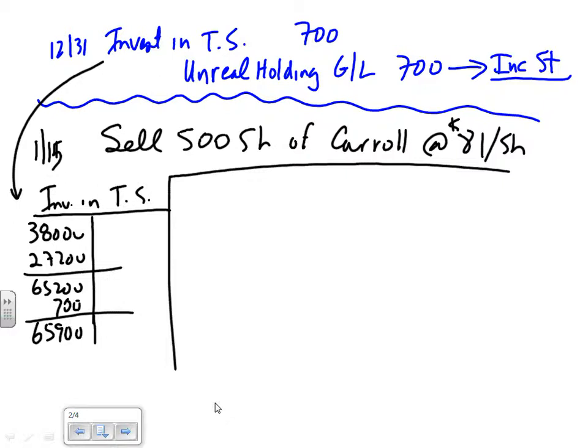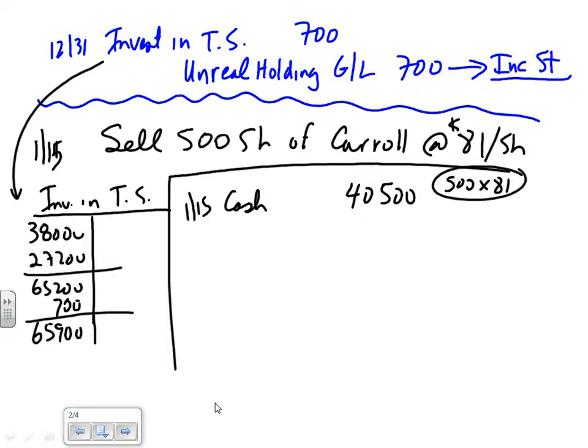So if I sell these shares on 1/15, I debit cash for $40,500. That's the 500 times $81. And what comes off the books in investment in trading securities is the previous fair value. And remember, we had adjusted this asset from its purchase price of $38,000 to $39,500.